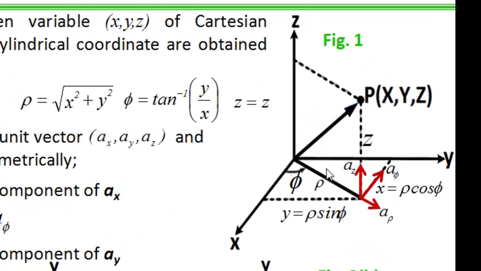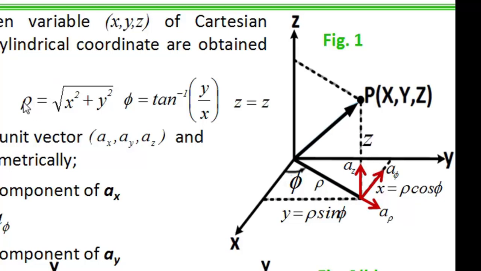From this figure, rho is the radius of the cylinder and phi is the angle made from the x-axis. So if we break the component of rho along x and y, we find y is equal to rho sin phi, and along x it will be rho cos phi, whereas in the z direction the height of the cylinder is z.